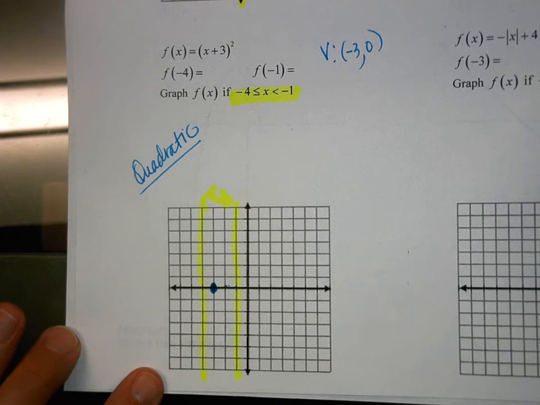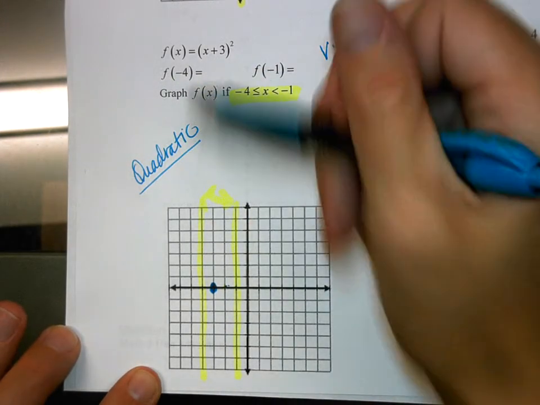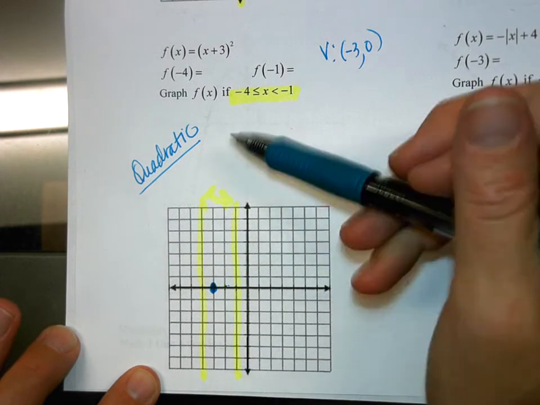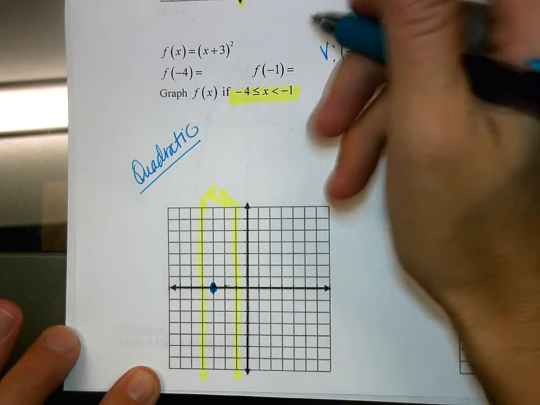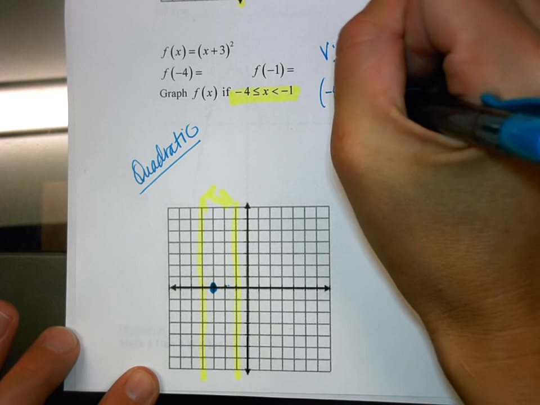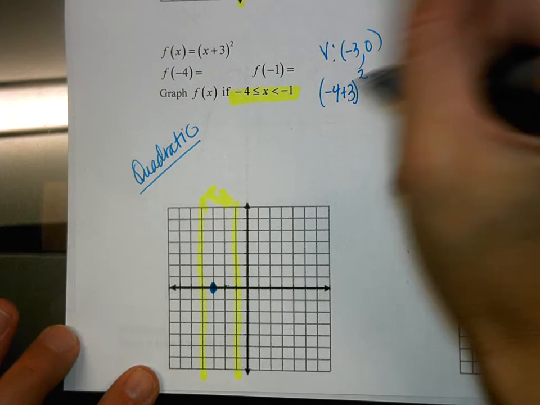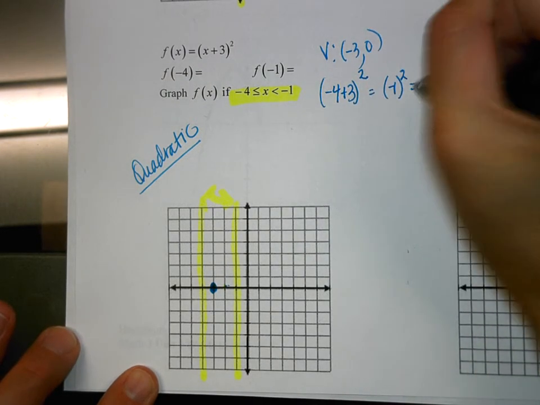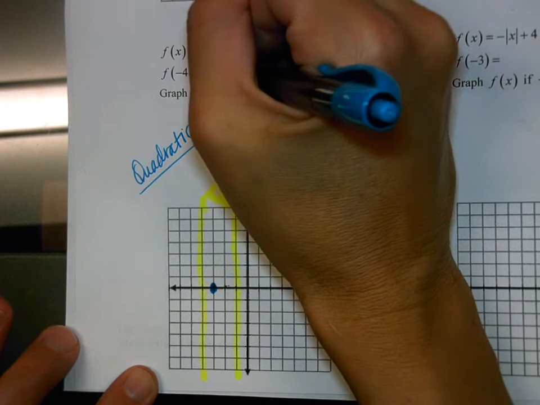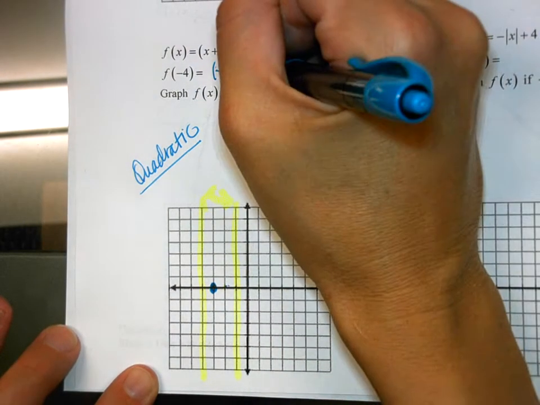Okay, now we're going to plug in each of these values to see what's happening at the points where we have our restrictions. So we're going to first plug in -4 into this equation. So we have -4 plus 3 squared. What is -4 plus 3? -1, and -1 squared is 1. So this ordered pair, I'm just going to write it as -4, 1.